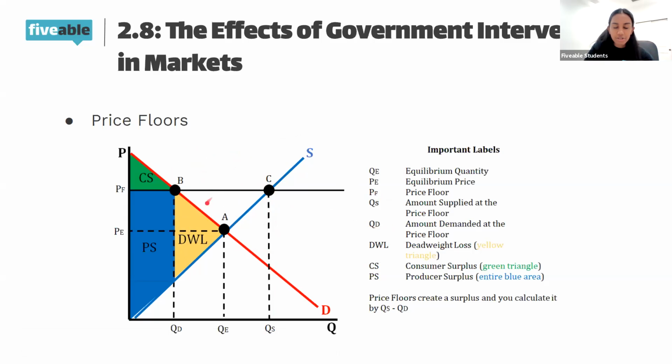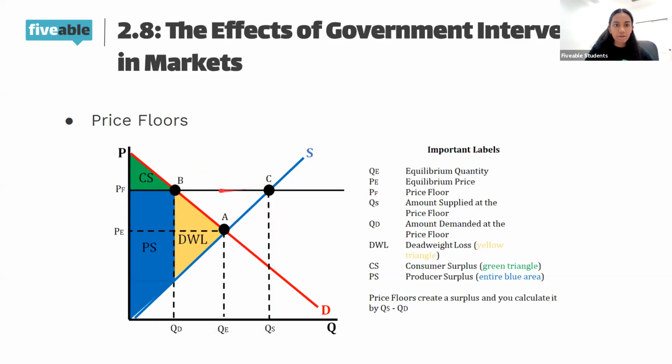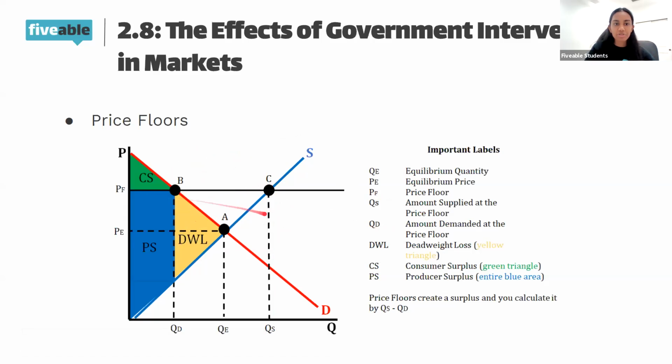And again, there's deadweight loss because there's inefficiency in the market. Once we draw these dashed lines down, it's easier to see what the deadweight loss is. So make sure to draw all your dashed lines on when you're graphing. The deadweight loss, again, you're losing efficiency because your total surplus is decreasing. It's getting shrunk.